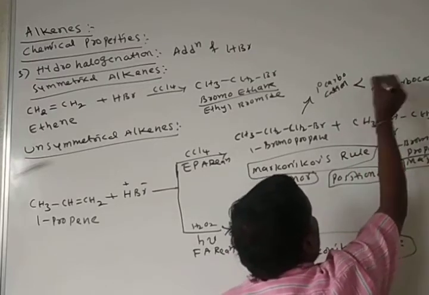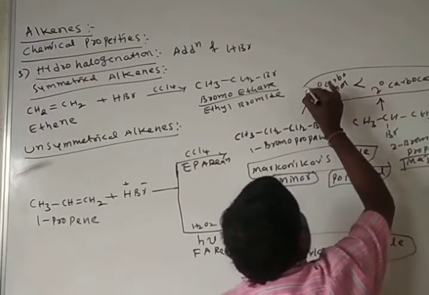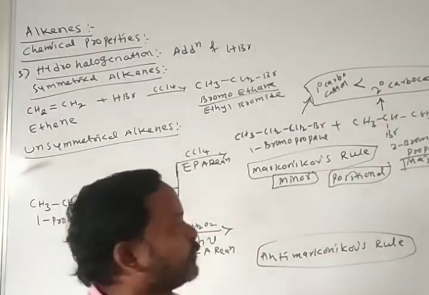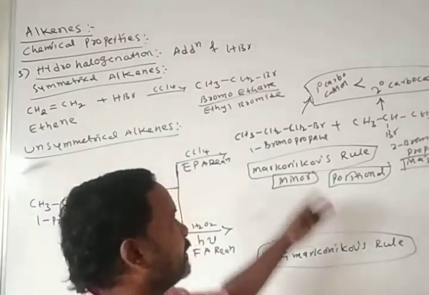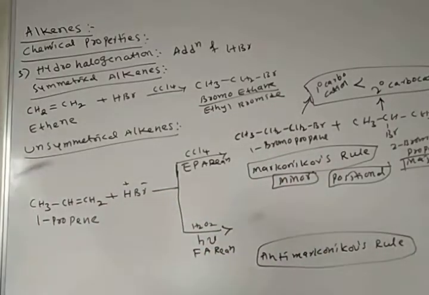A secondary carbocation is more stable than a primary carbocation, so this is the major product and this is the minor product. This is the Markovnikov rule.